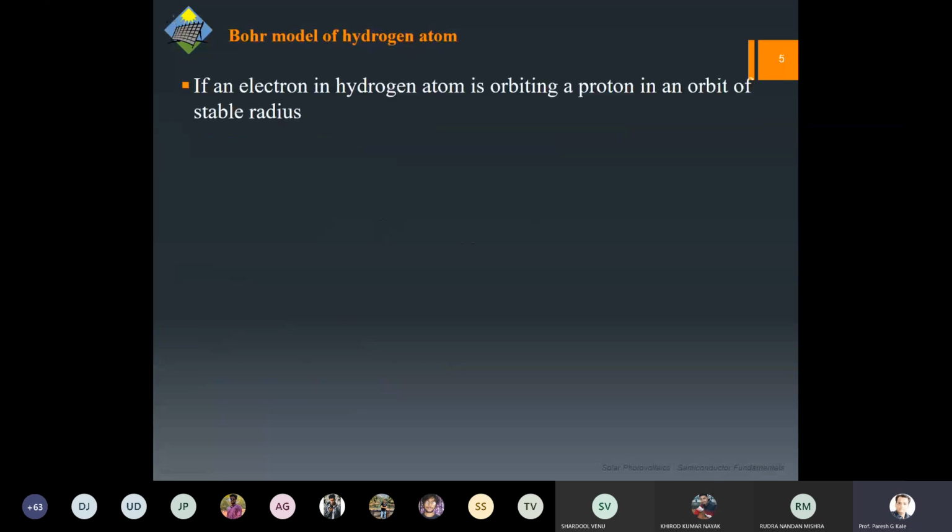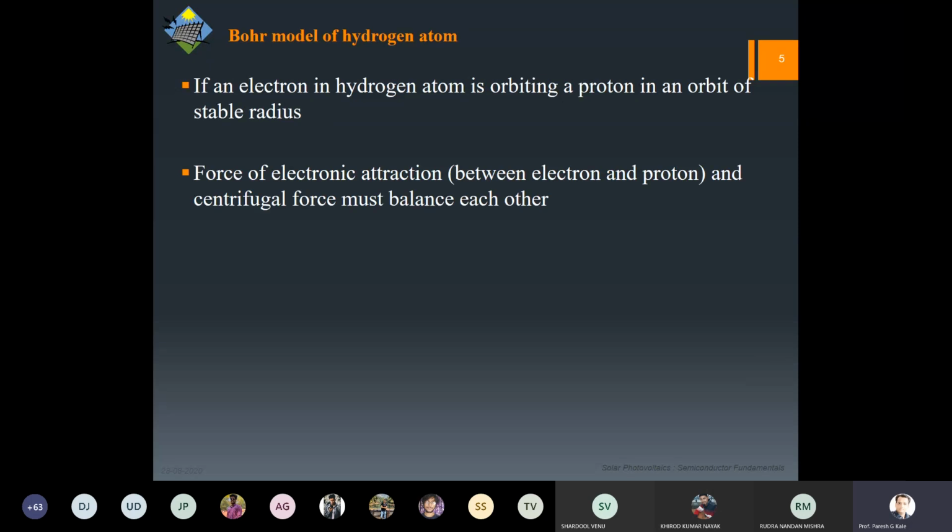Bohr basically proposed the hydrogen atom. If there is an electron in the hydrogen atom orbiting the proton, then it will have a stable radius. Hydrogen has its atomic number 1. But the electron is revolving, so obviously there should be some balance, because the electron is not moving out or in towards the proton.